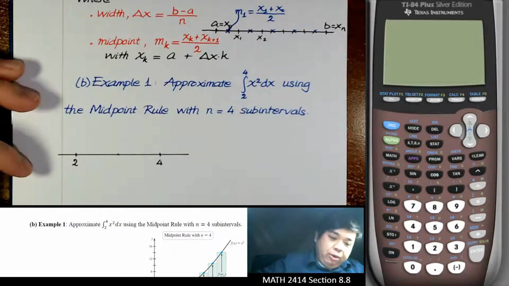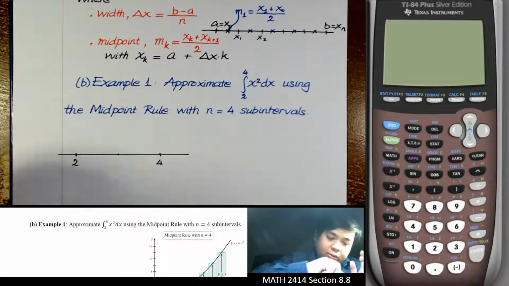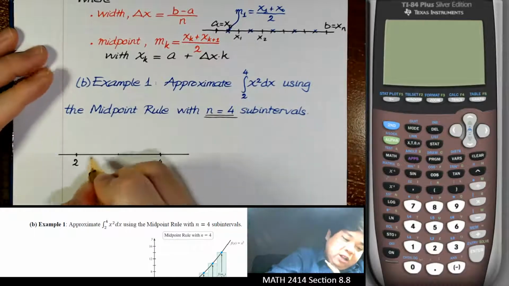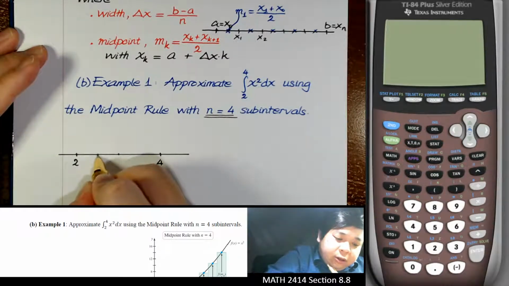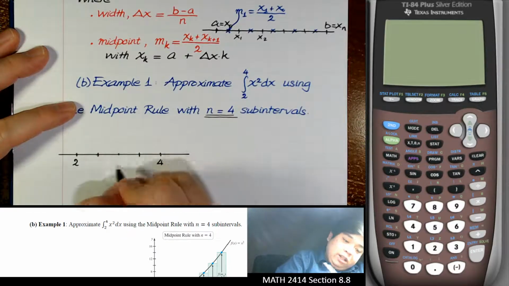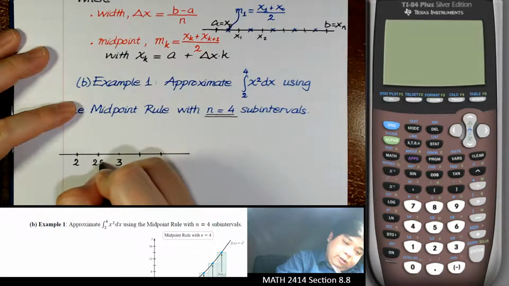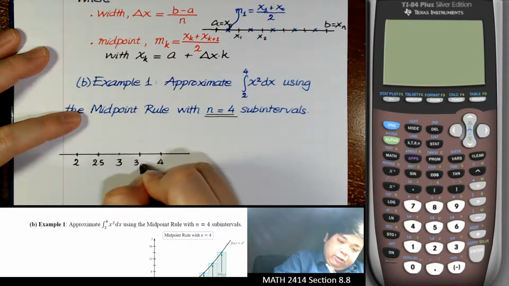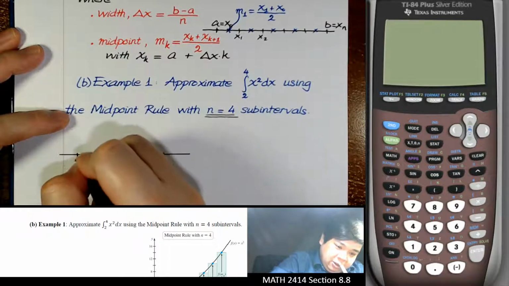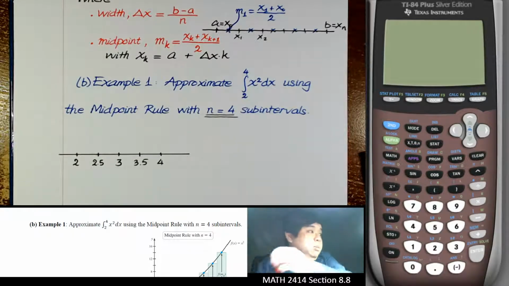So from 2 to 4, we divide this into 4 sub-intervals. Obviously 3 is in the middle, and between 2 and 3 is 2.5, and then 3.5. So there are 4 sub-intervals: 1, 2, 3, and 4. And in this problem we use the midpoint.